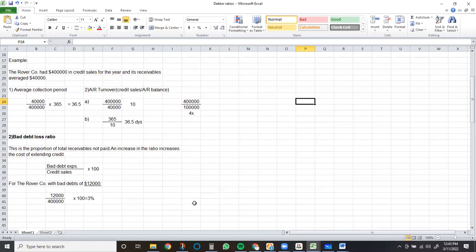Well, I mean, look at this formula here. Bad debt expenses over credit sales by 100. That's how we actually do it. For the Uber company with bad debts of 12,000, 12 over 40.